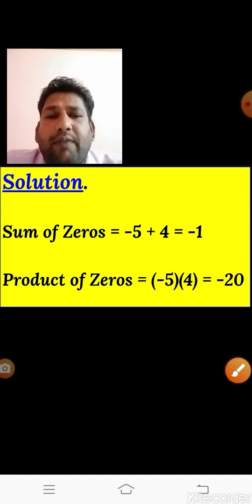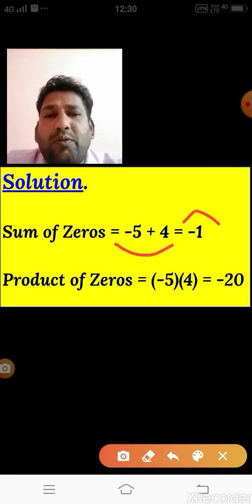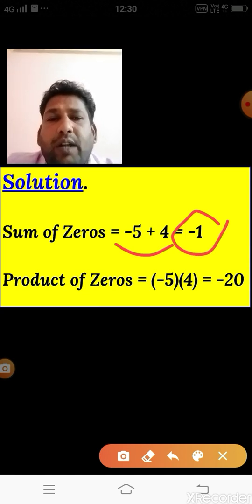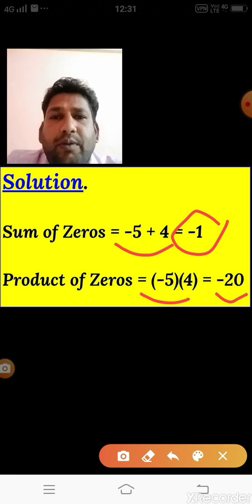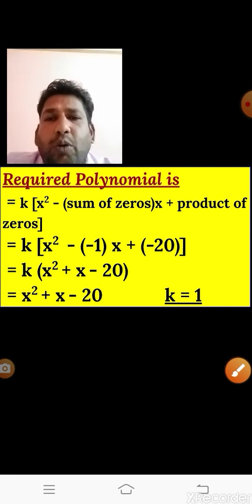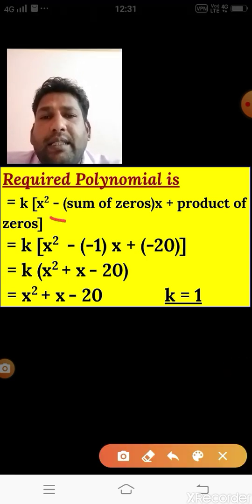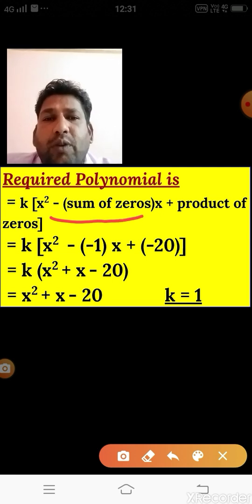Then here we are finding the sum, -5 plus 4, we are getting -1, and product of zeros, if you are multiplying these two, we are getting -5 times 4, that is -20. And then we have the standard quadratic polynomial, k into x square minus sum of zeros into x plus product of zeros.